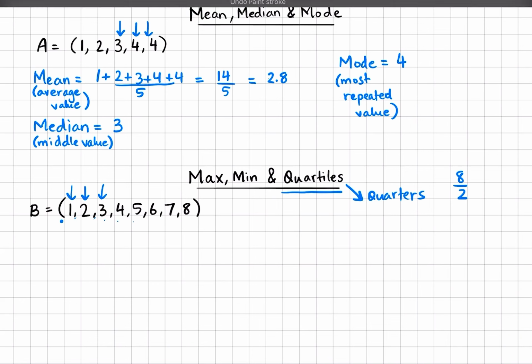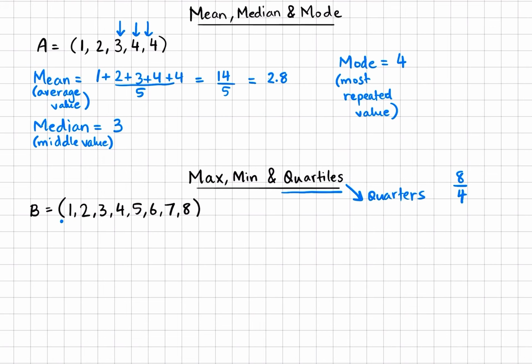Okay, so if we take that number divided by 4, we get 2 data points for each quarter. So we'll count 2 data points, and then that will be our first quarter. Okay, 2 more data points, second quarter. 2 more data points, third quarter.